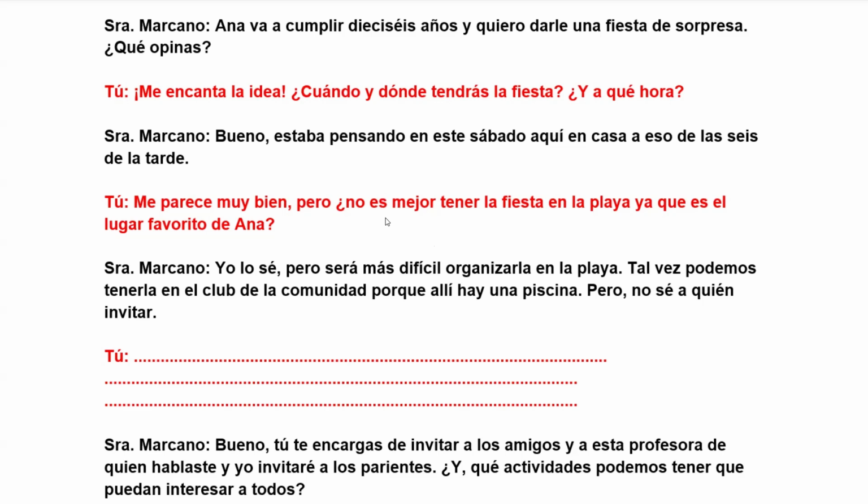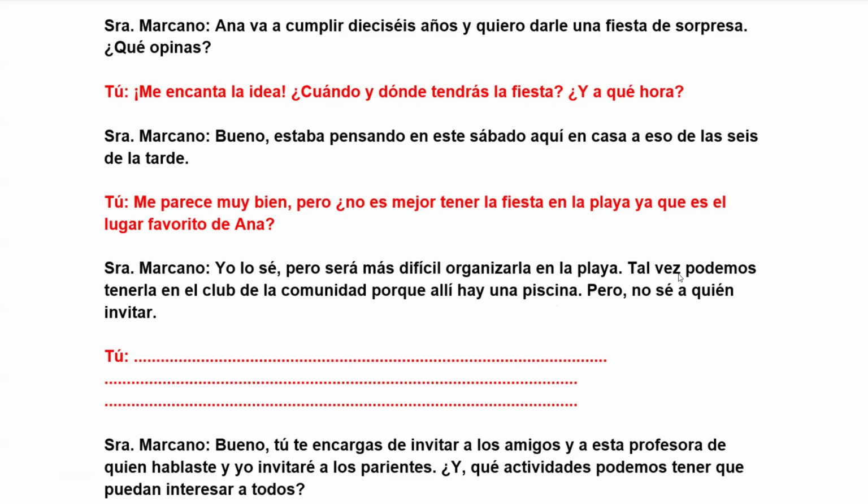All right, so let's continue. So now you know that we have to give a response for this blank space. We already know that this part says, I know, but it will be harder to organize it at the beach. Maybe we can have it at the community club because there's a pool there. But I don't know who to invite. So the last thing she said is that in response to what we said here, she said it would be more difficult or hard to organize it at the beach.